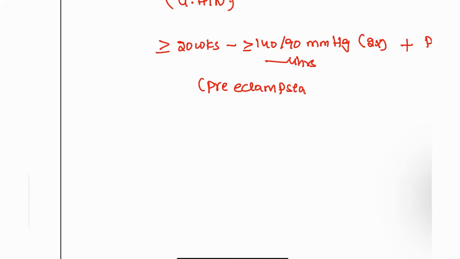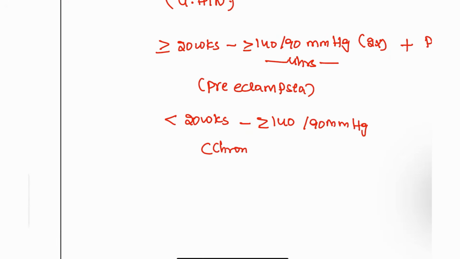But if the mother is less than 20 weeks and has more than 140 by 90 mmHg, then this patient is suffering from chronic hypertension. That means she had it before the pregnancy.